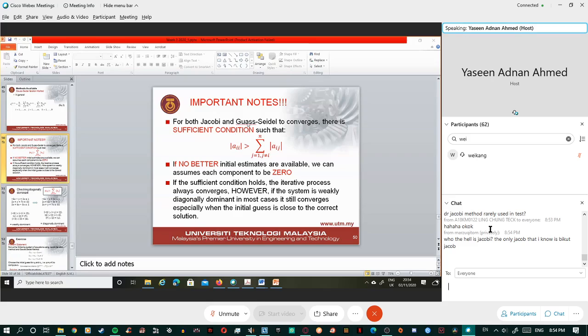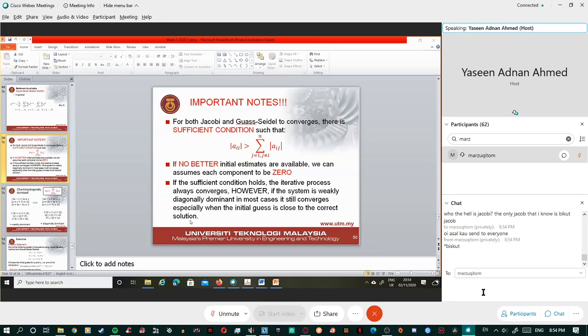Okay, so the sufficient condition will be that Aii should be greater than or equal to the summation of Aij. If no better initial estimates are available, then we can assume each component to be 0. If the sufficient conditions hold, the iterative process always converges. However, if the system is weakly diagonally dominant, in most cases it still converges, especially when the initial guess is close to the correct solution.